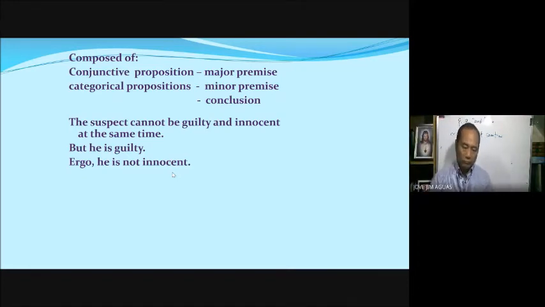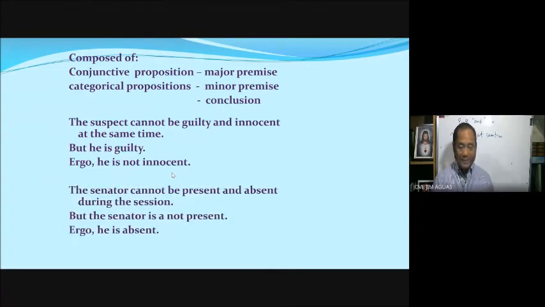you can also make a disjunctive proposition out of this example. For example, you can say the suspect is either guilty or innocent. But when you use the and, we add at the same time. Or we say the senator cannot be present and absent during the session.